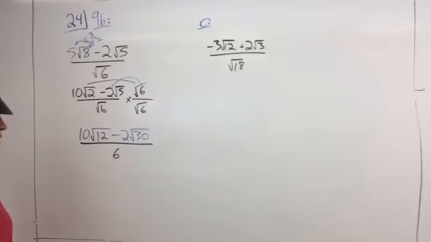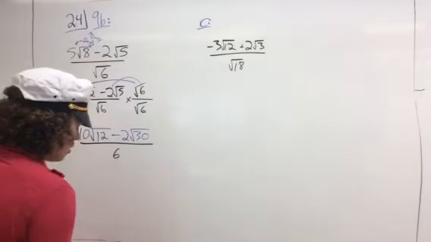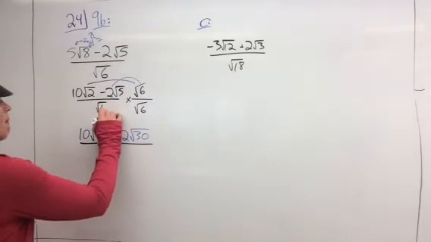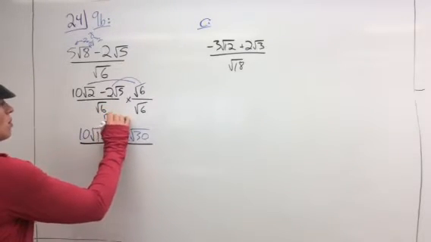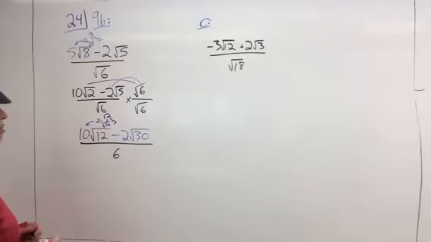Now I want to revisit what's under the root signs and ask myself if there's something that can be taken out now. 12. So I know that 12 has the factors 4 and 3. Square root of 4 is 2, so there needs to be a 2 come out of here, and the 3 stays behind.